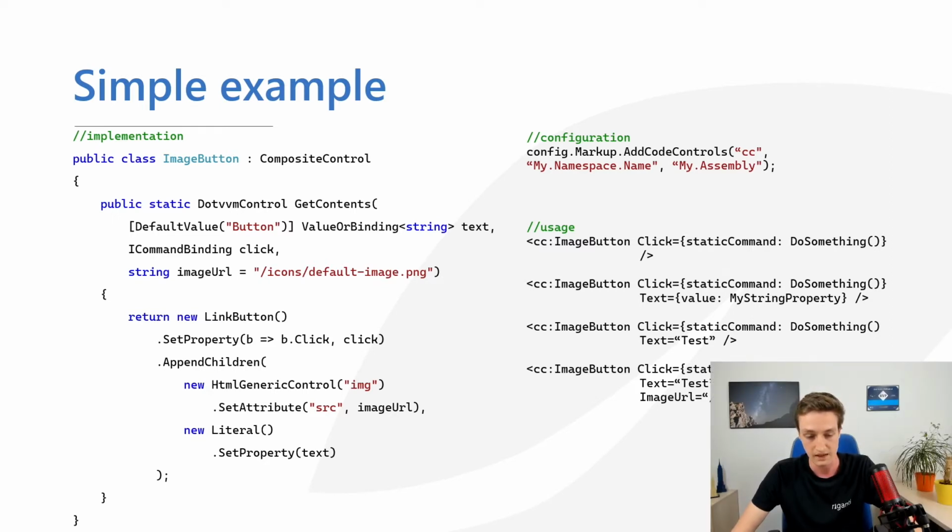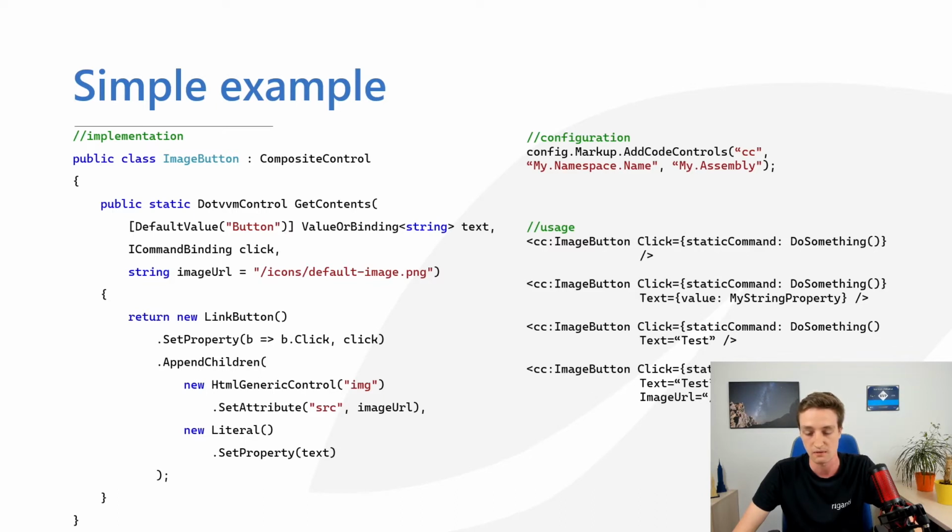Also, it has a special default value attribute, which says that this value or binding is not nullable, but the developer is not required to write this text property everywhere, because the default value for this particular property is button.